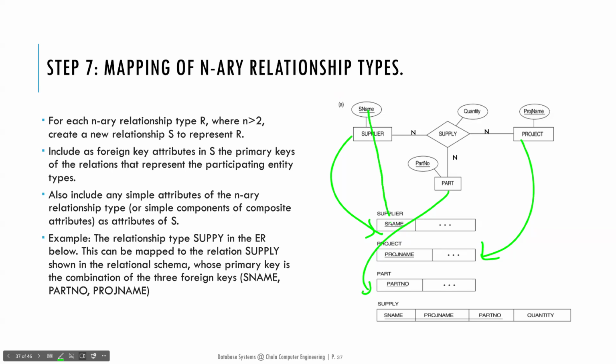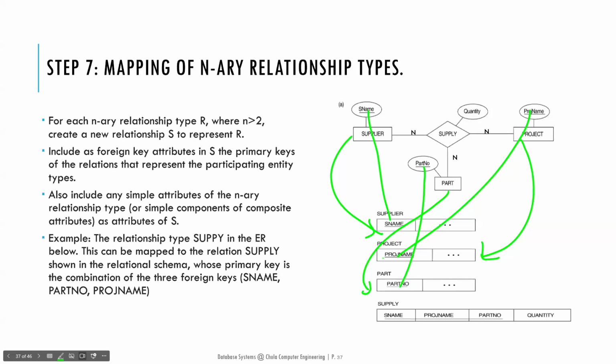This entity comes here, this entity comes here, and this entity comes here. If there are more, then you list all the attributes that they belong to.